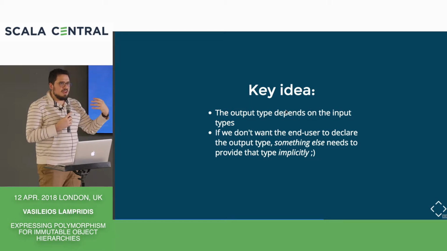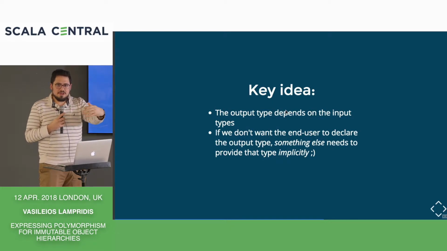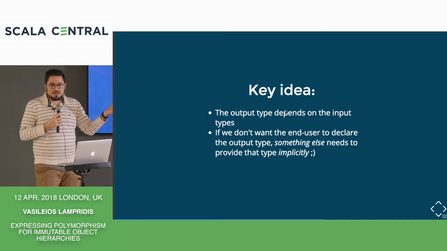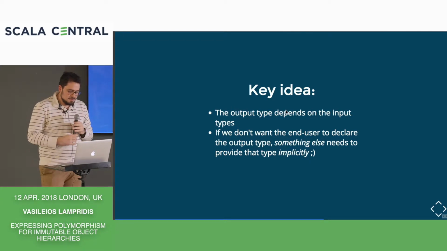So if I have time and multiply it with power, I'm expecting to get back energy, but only if I multiply it with time. If I was to multiply it with something else, I would expect something different, or a compiler error.